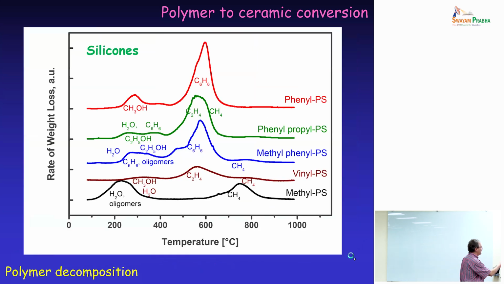But here you can see, depending on the type of preceramic polymers, these are all different preceramic polymers, that different organic molecules are generated during processing. And of course, what changes is not just the composition of the gas that you are releasing, but also the volume of the gas that you are releasing.